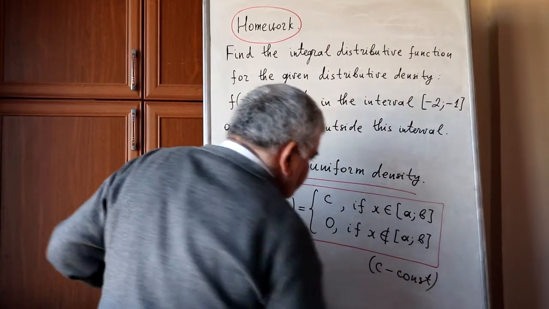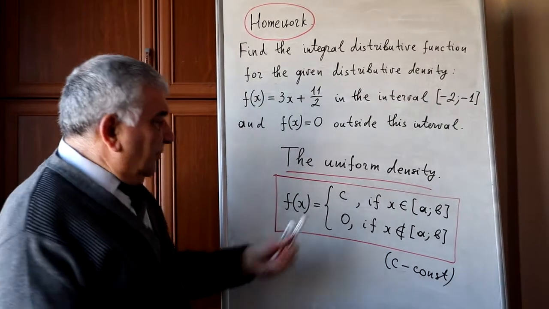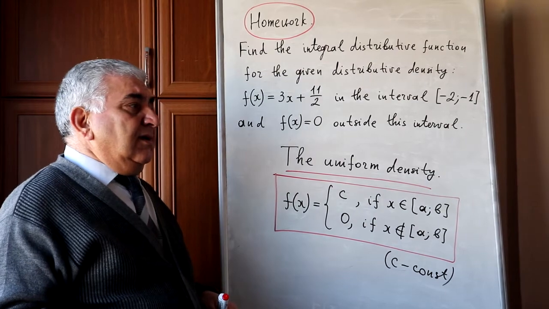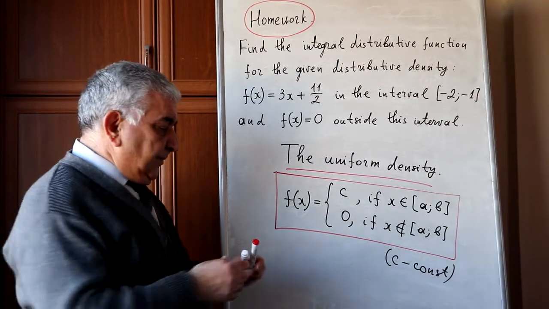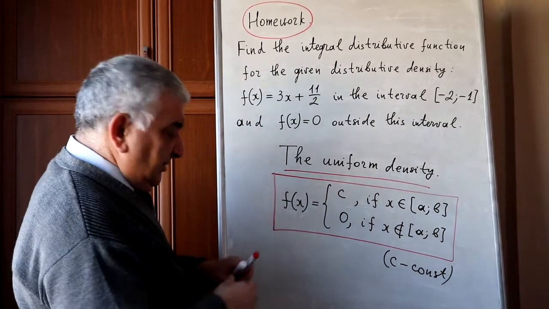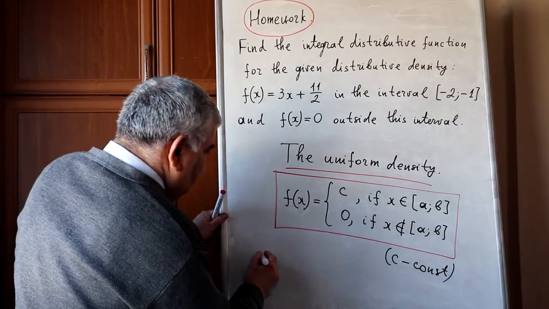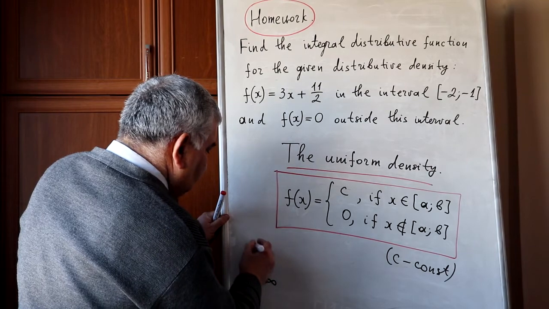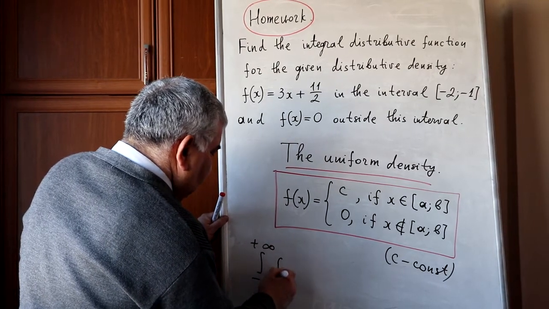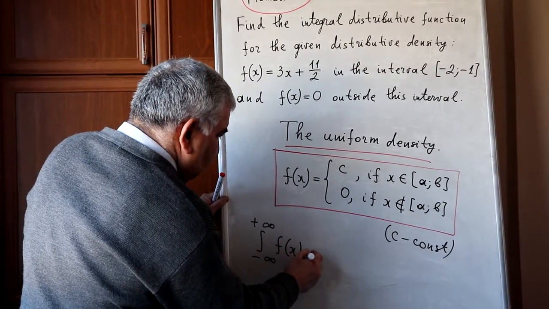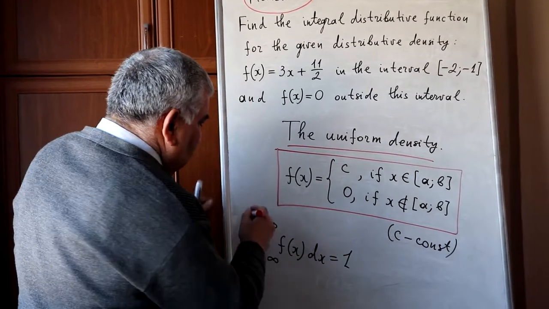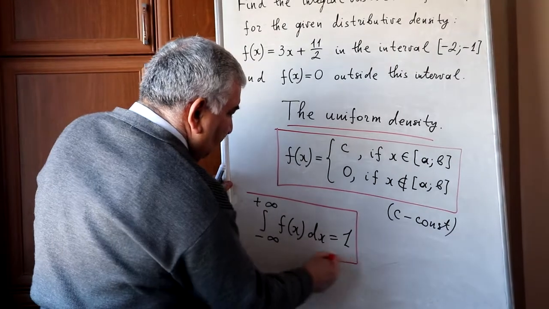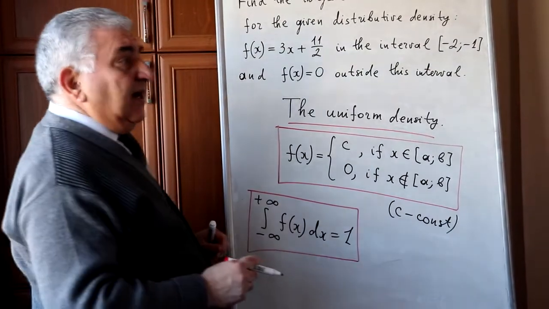We can define the value of constant C using the main probability equality. Remember this equality, integral from minus infinity to plus infinity f of x dx is unit. It is the main probability equality, or the main probability identity.